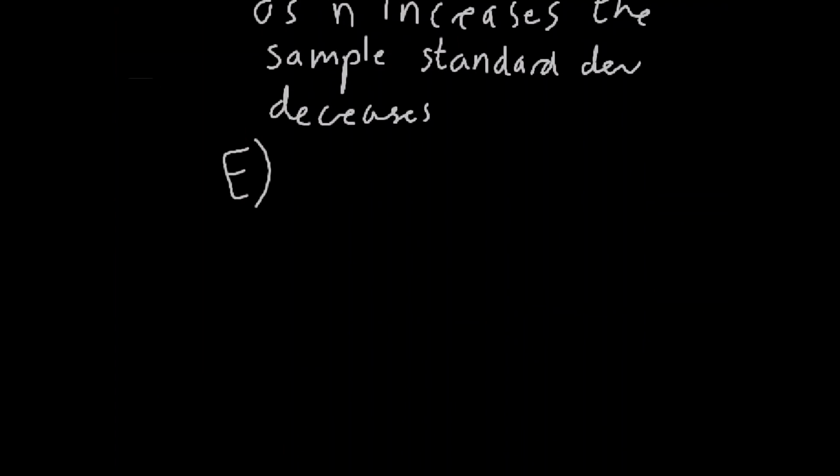But now we go on to part E, and it says give me 3 types of bias that can occur. All right. You've got sampling bias. Okay.